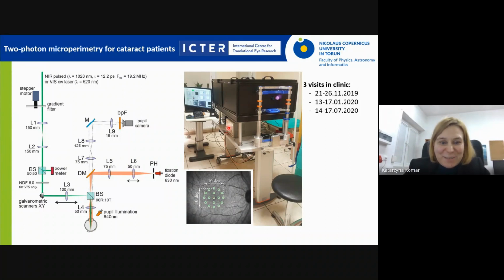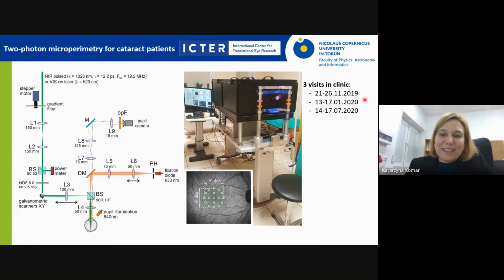And it was a very hard experiment, because we basically had to go to the clinic with our laboratory system. We went there 3 times, and it was during the pandemic, because we started just before the pandemic in these 2 sessions, and then we had to wait about half a year, because we wanted to measure their sensitivity before and after cataract surgery.